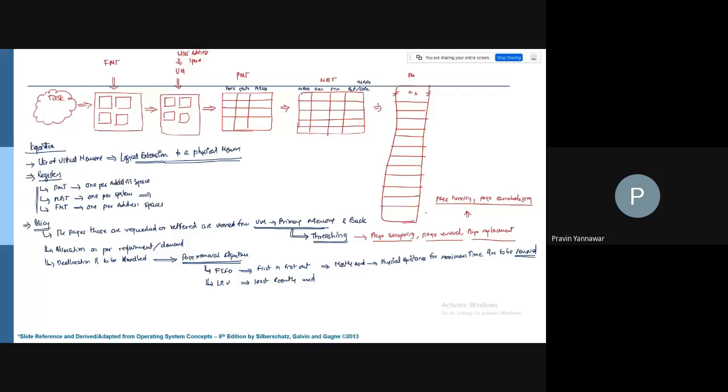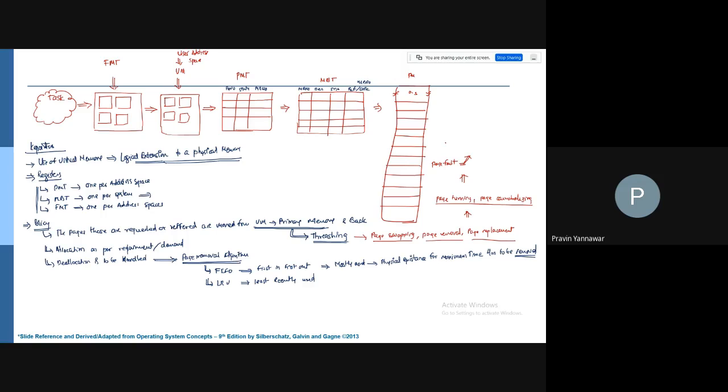This is important. But the important thing is, okay, this is going to happen, but there is a concept called page fault that also comes. Page fault. So what exactly does page fault mean? Page fault means when a page is removed from memory, and then immediately it is needed again, right?